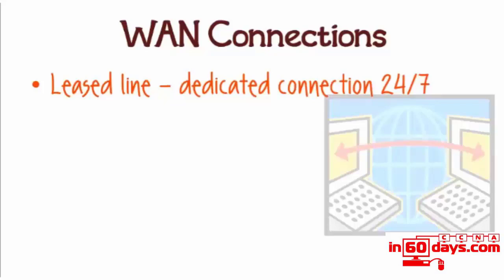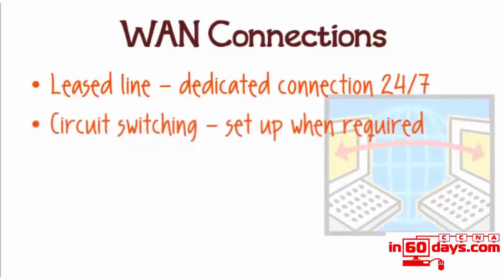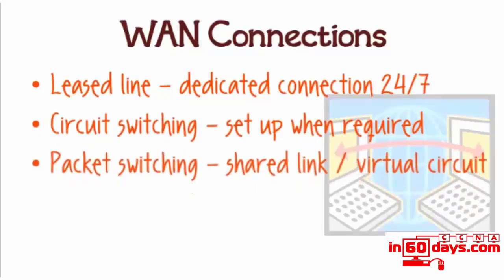So with ADSL now and the ability to use the telephony network, we see less of ISDN. Circuit switching is set up whenever required, and then the connection can be torn down again. And packet switching normally is a shared connection of some sort, so there's a 2 meg connection, but you can buy chunks of that connection and share with other companies.